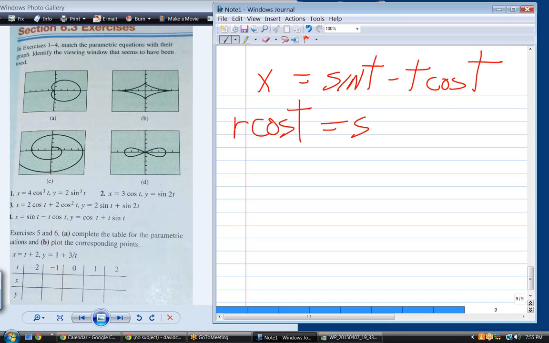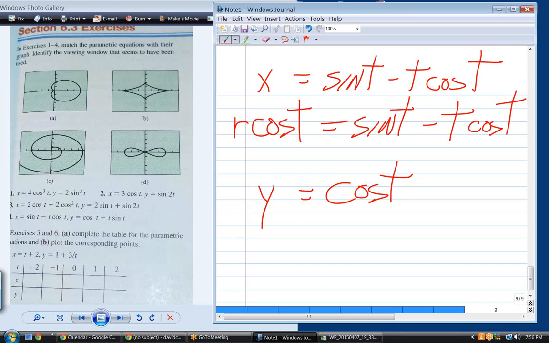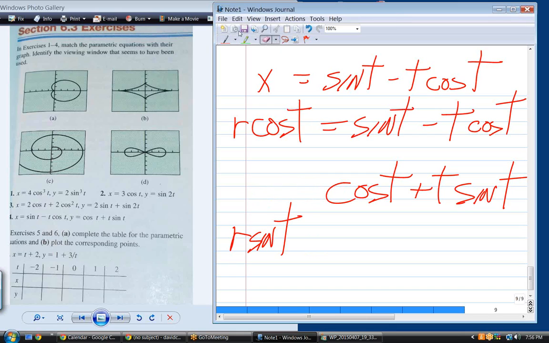So if that equals this, and then we have y equals cosine t plus t sine t. And instead of y, we're going to use r sine of t. Okay, so we got these two equations now.